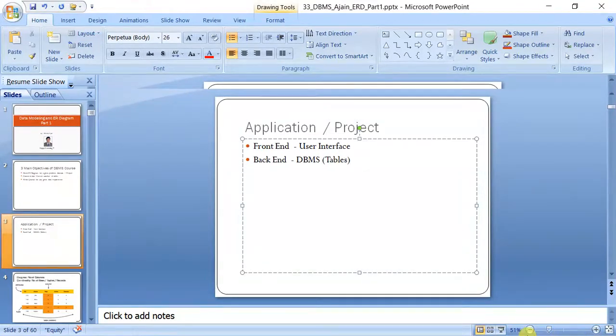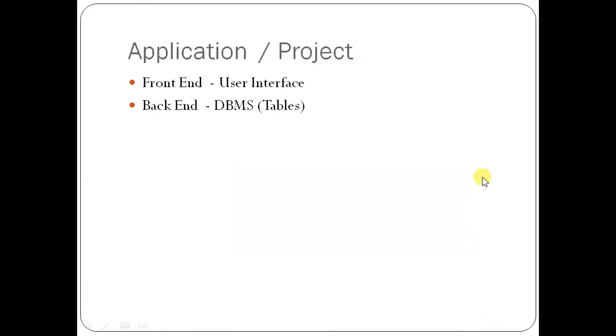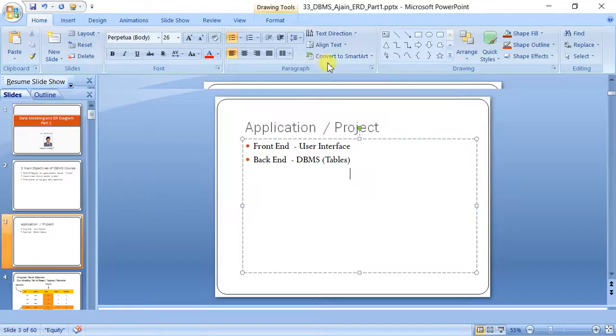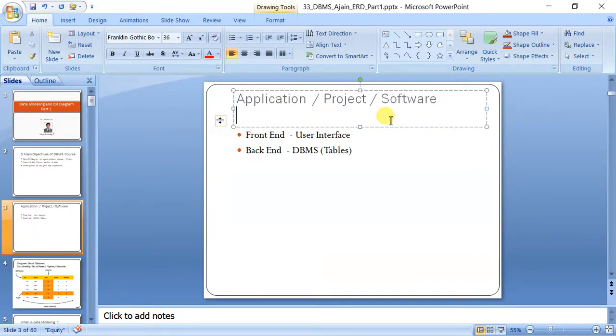So this will be the ultimate motive of any software developer, that you have to develop a particular project or application, or you can call it a software. Whatever you call it, you can call it a problem, context, or requirement statement.